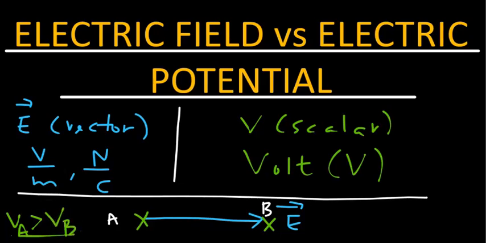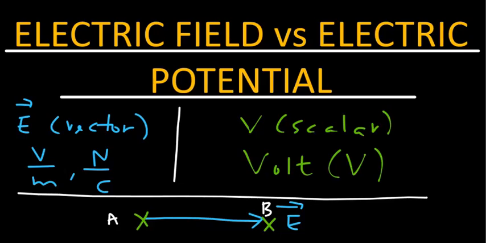Now we are talking about electric potentials. If you have, let's say, two points, point A and point C, and they are at the same potential, then there will not be an electric field between them. In order for electric field to exist, there must be a potential gradient between two points.